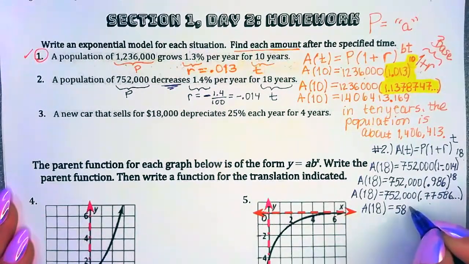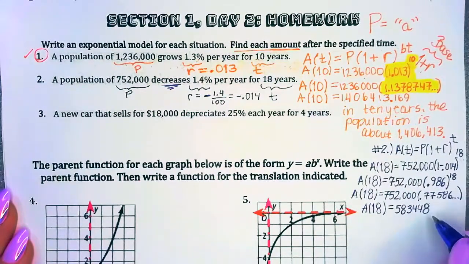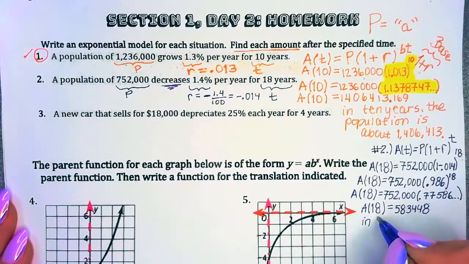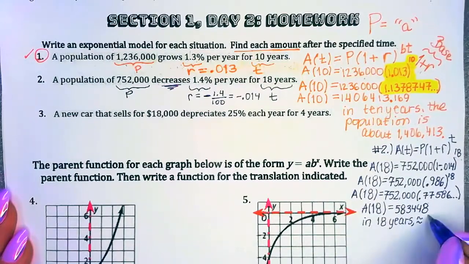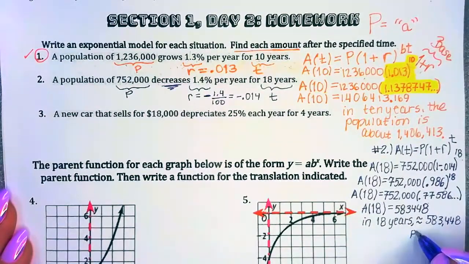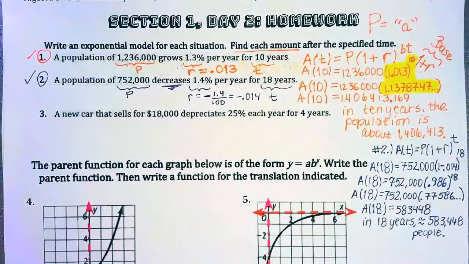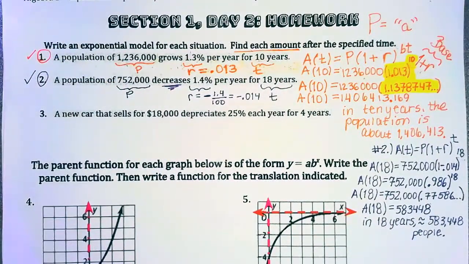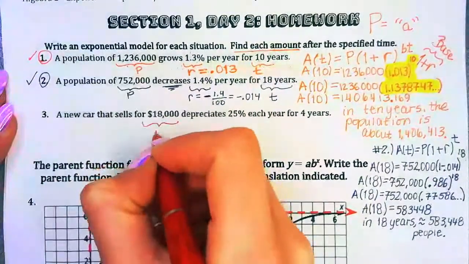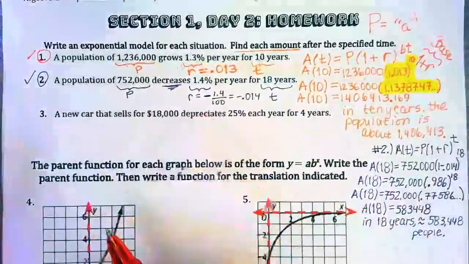I raised 0.986 to the 18th power first. I got 0.77586, and so on. I left that number on my calculator window, and then I multiplied it by the 752,000, which gave me, when rounded to the nearest whole number, 583,448 people.